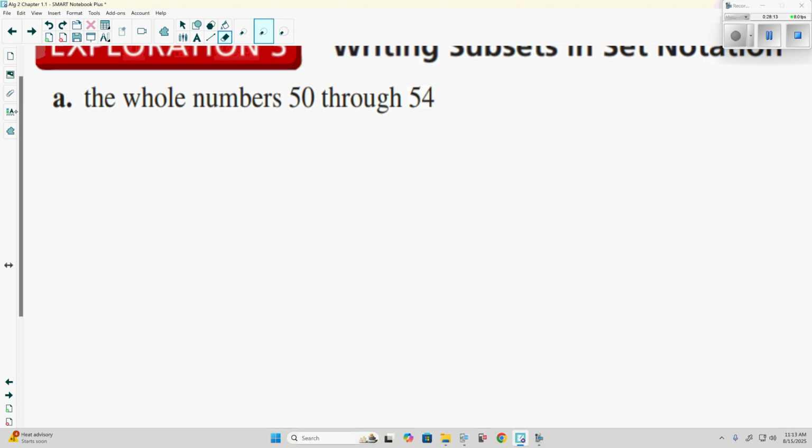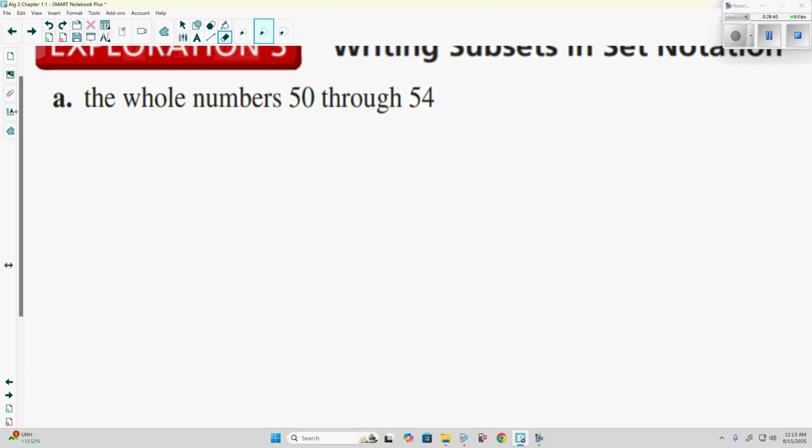If it was between 50 and 54, say 51 would be the start. 50 through 54, we're going to include 50 and 54. So the first one would be 50, yes?